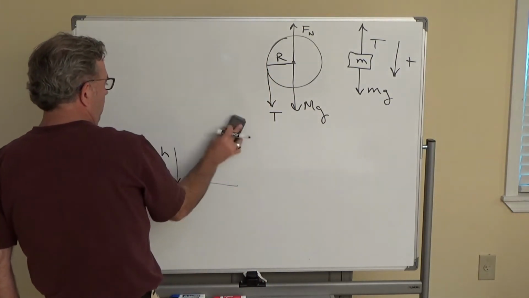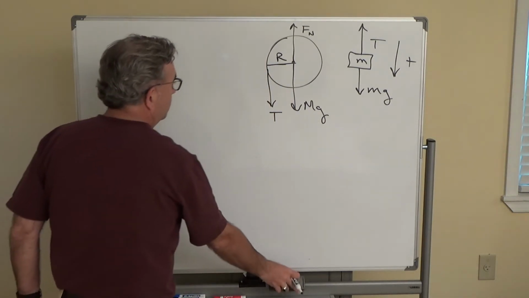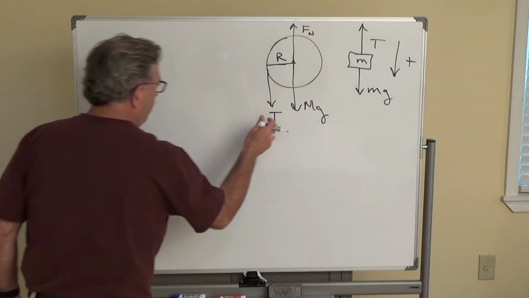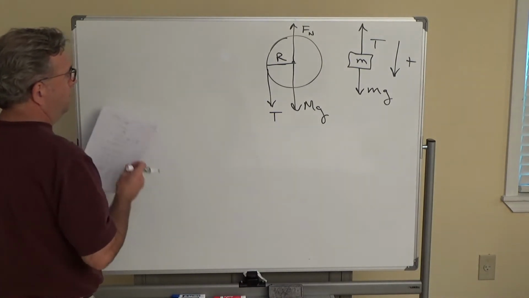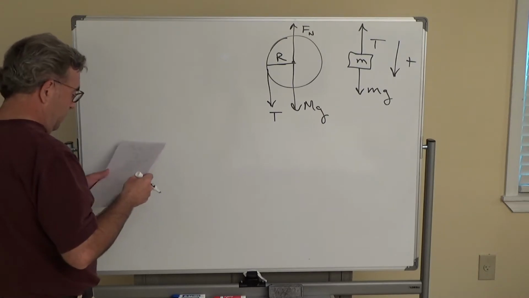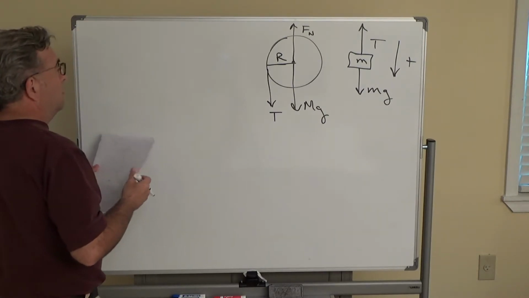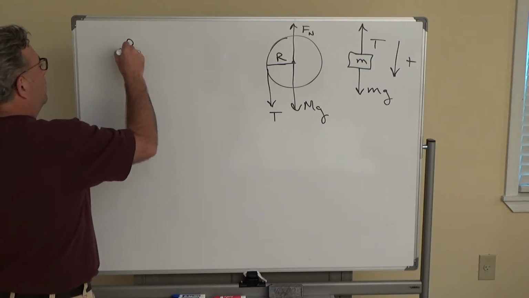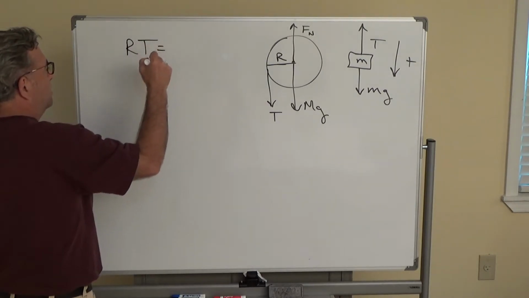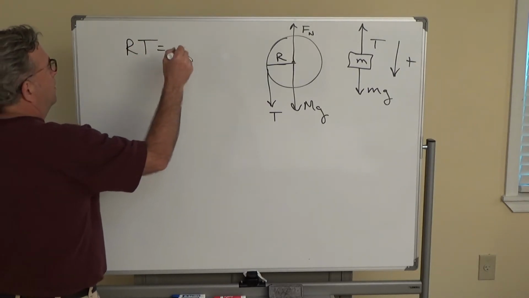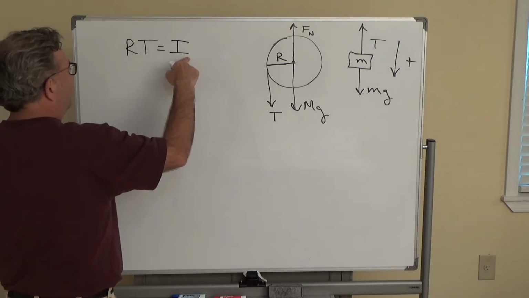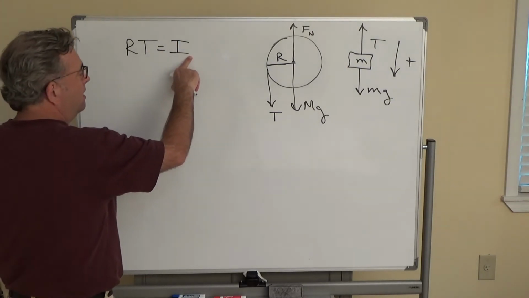Apply Newton's second law to both of these objects. So for the disk, the torque is equal to RT. It is a positive torque, and that's equal to I. I'm not going to write I sub disk here.